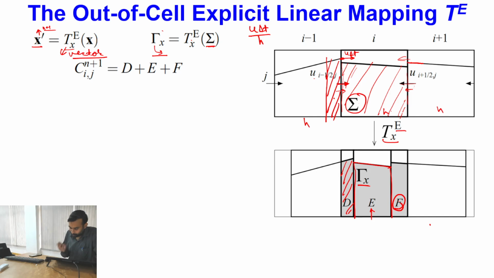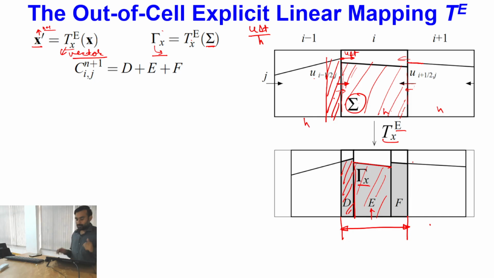Now, if I know that this was my original grid, on this original grid, this gamma x is the area which has contracted. So it means it is area E. And D and F represents the fraction of the areas of reference phase which has come into the cell I from the neighboring cells. Is this point clear? So these two areas have nothing but come from where? These have come from the neighboring cells.